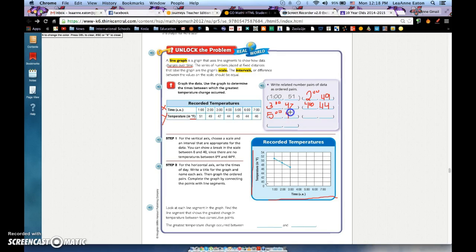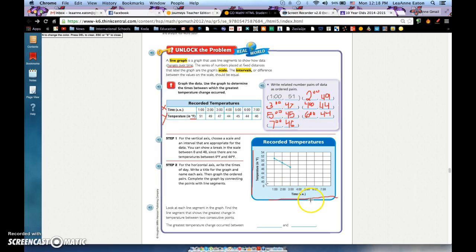Okay, getting a little bit warmer there. 6 o'clock, it is 44 degrees again. So we're kind of hovering right about here. A little chilly, you need a good sweatshirt. And then our last one is 7 o'clock, and it's 46 degrees. So it was a day that started off nice and sunny and warm and ended up kind of chilly.